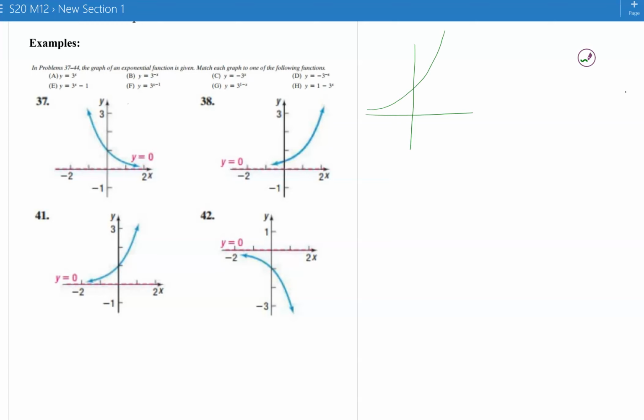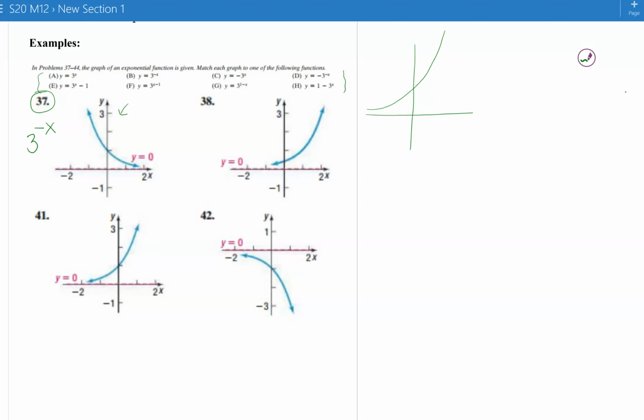So the fact that this first one is reversed around the y-axis means it must have been 3 to the negative x. Because the parent graph, you can see all the choices here have 3 to the x as the parent graph.